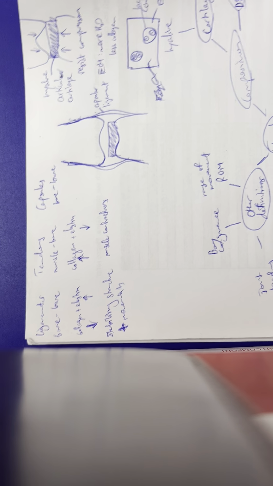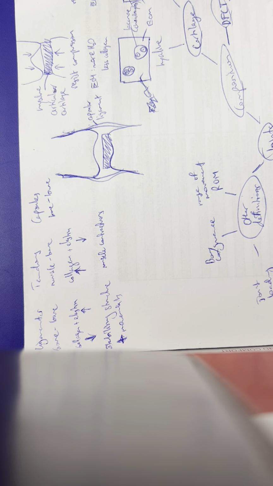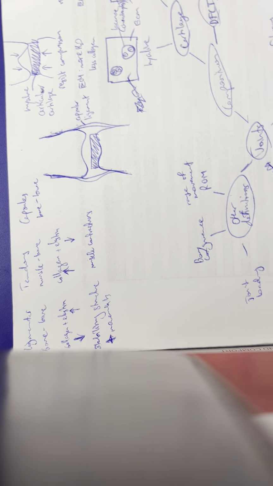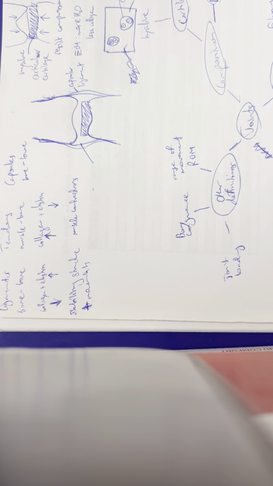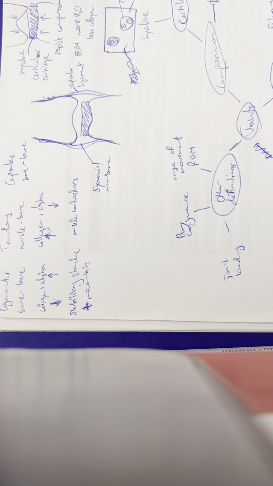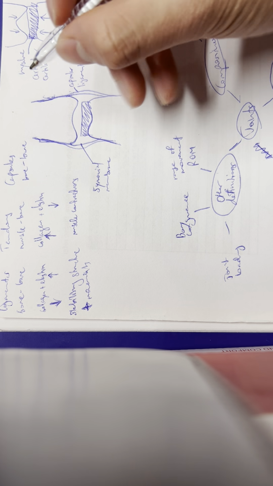Just zooming in for you guys. Capsular ligament. And inside here will be your synovial membrane. So this is the start of the actual capsule. And you've got the hyaline cartilage.